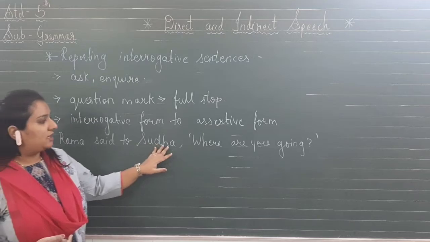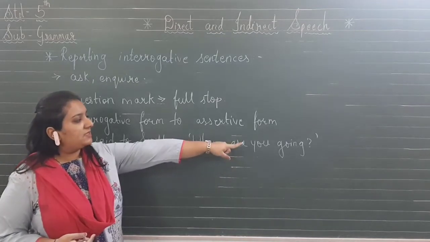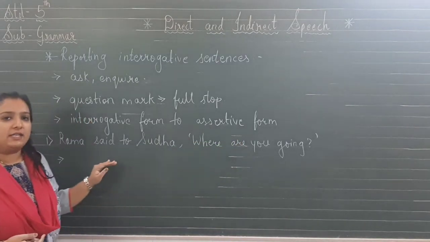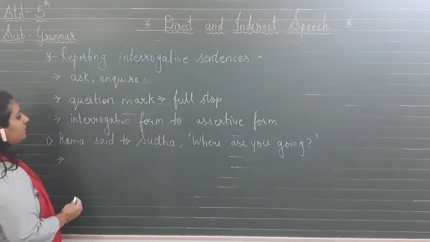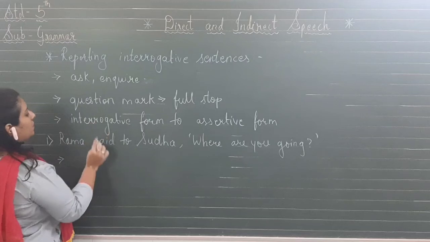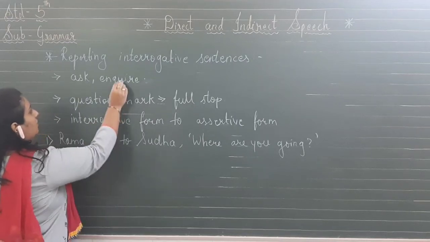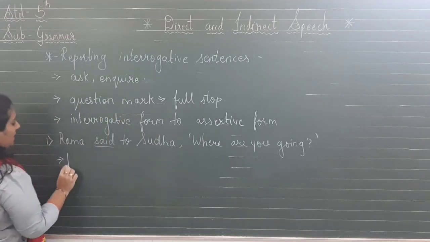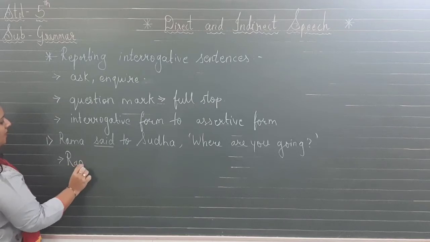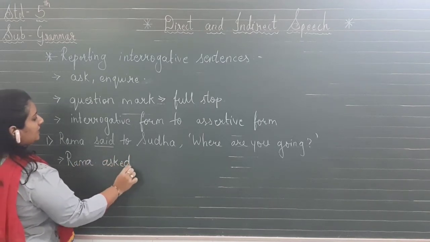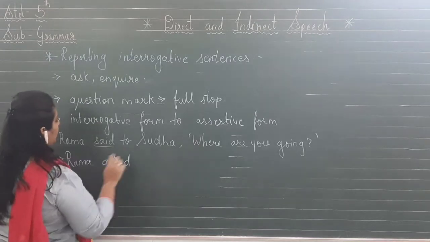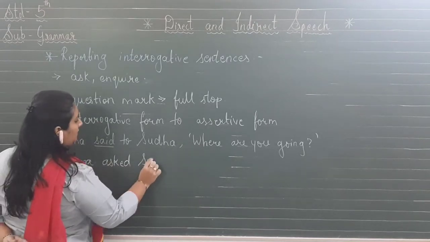Now let us look at the sentence. Rama said to Sudha, where are you going? We have seen the question mark, so we have identified that this is an interrogative type of sentence. So what changes will we do over here? First we will change the reporting verb said to ask or inquire. So this answer will become, Rama asked Sudha that where she was going. Because Rama is asking Sudha where are you going.